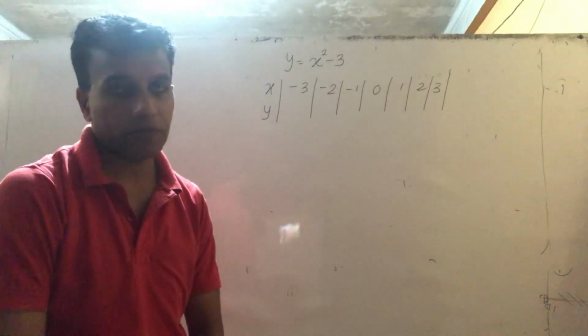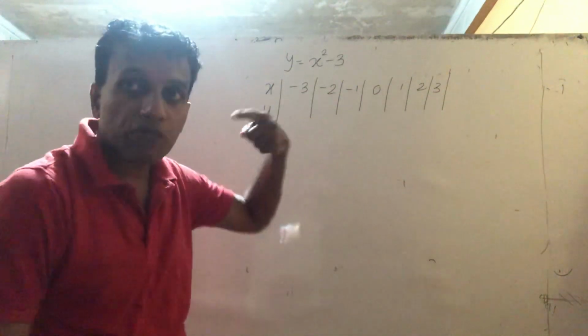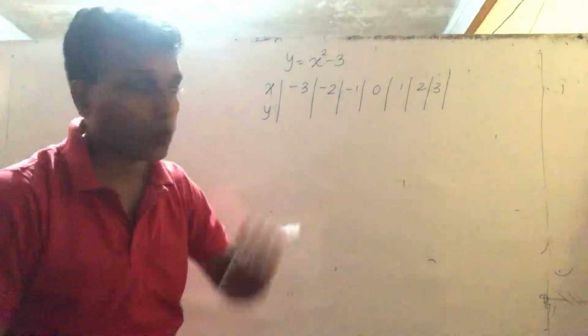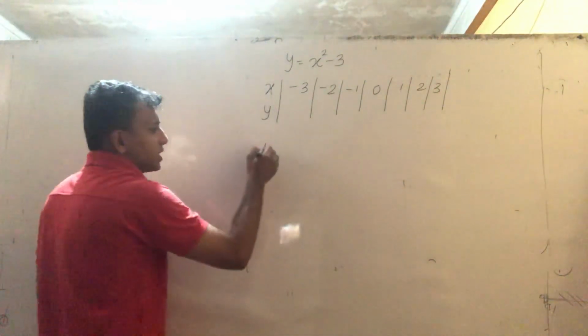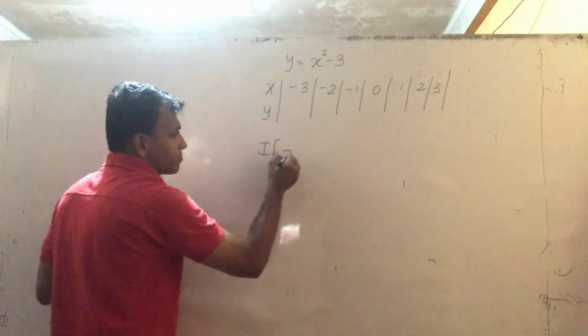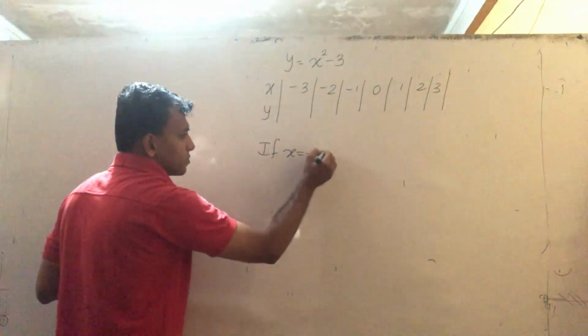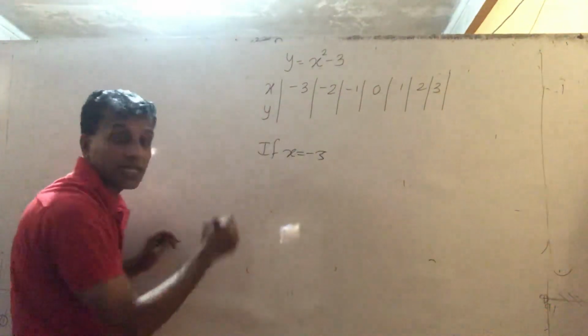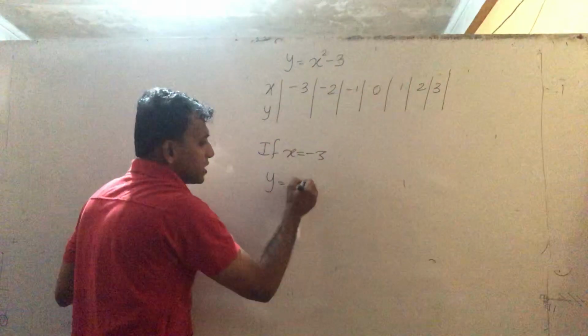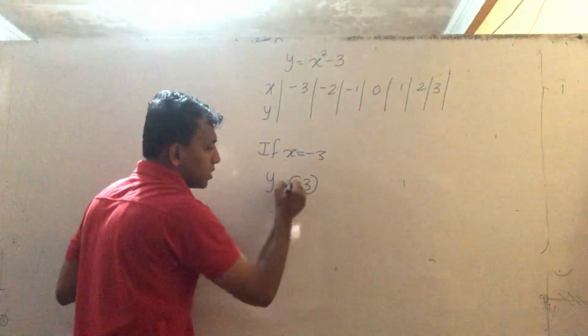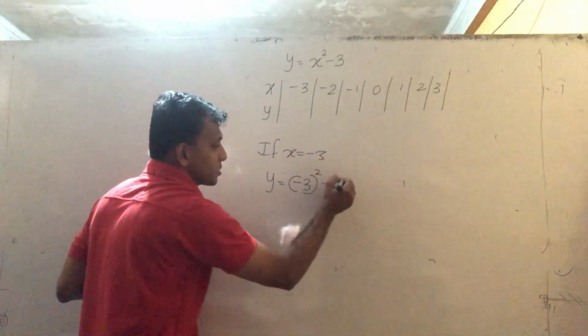What is y? Square of x and subtract 3. I show one. If x equals minus 3, put x as minus 3. y equals minus 3 square minus 3.